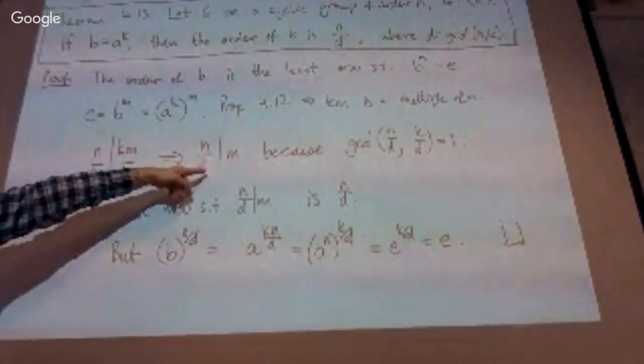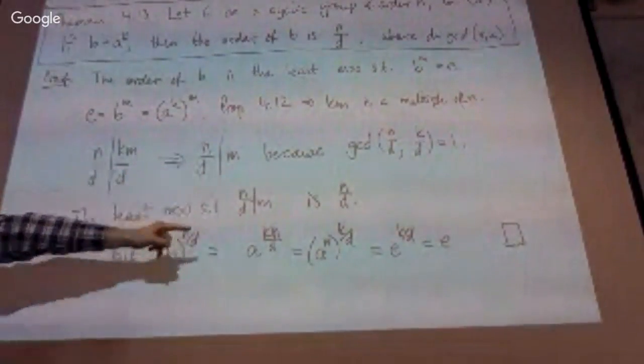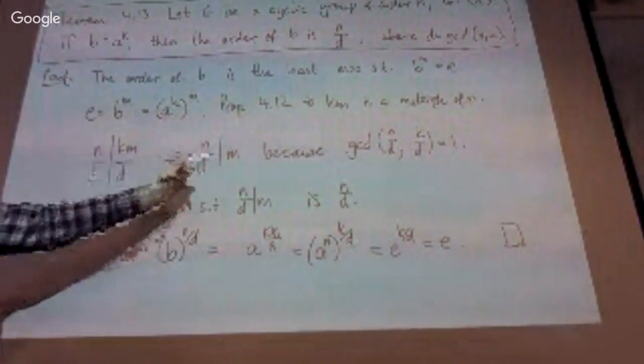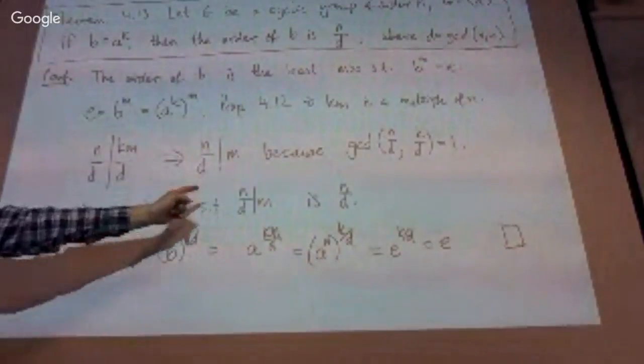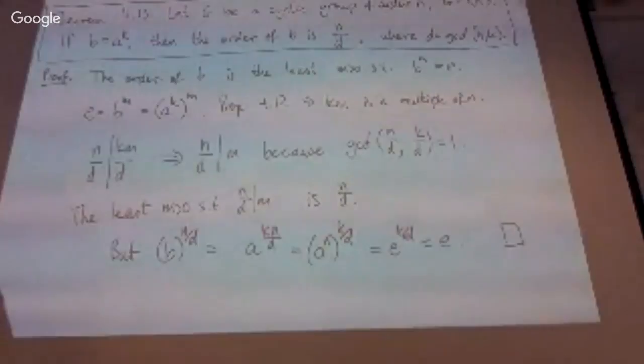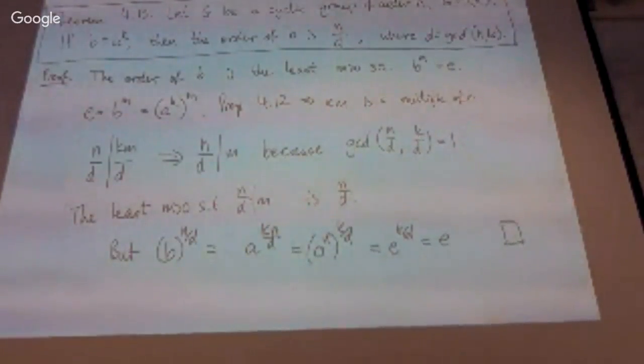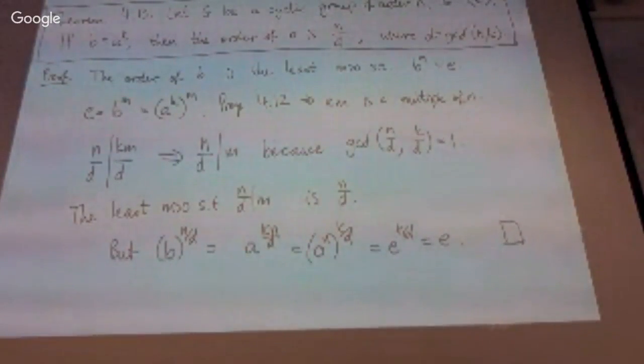Since I'm looking for the smallest m, I can try n over d itself as the first candidate. And it turns out that it works, so it must be this. Any questions? Almost finished.